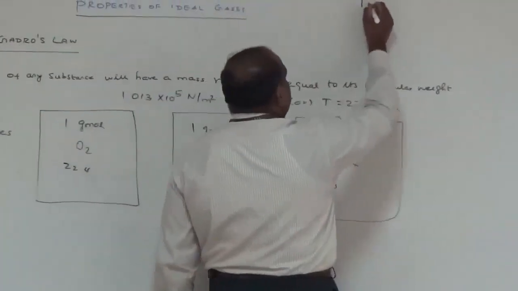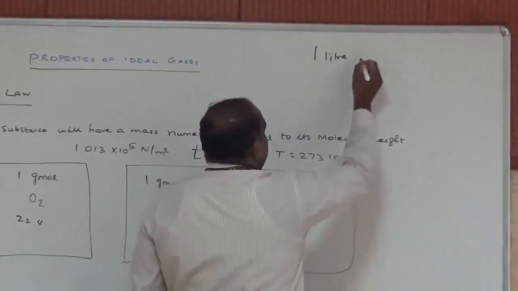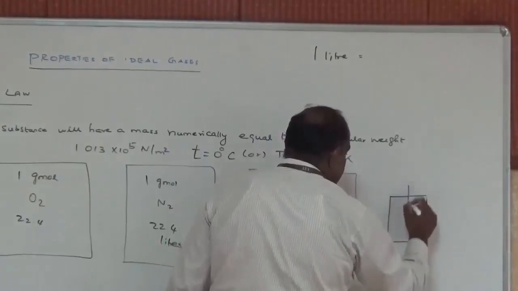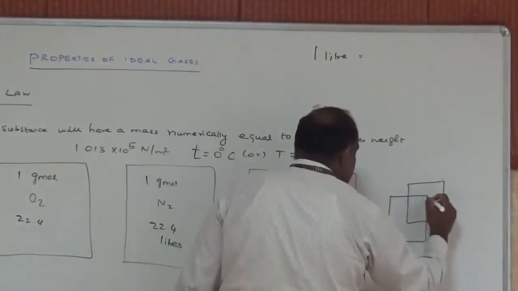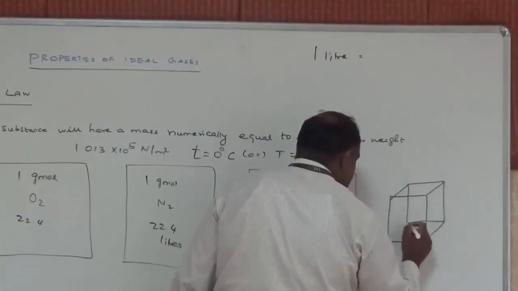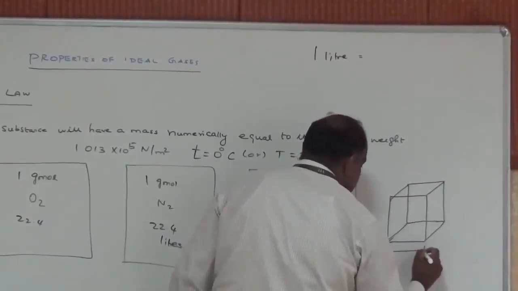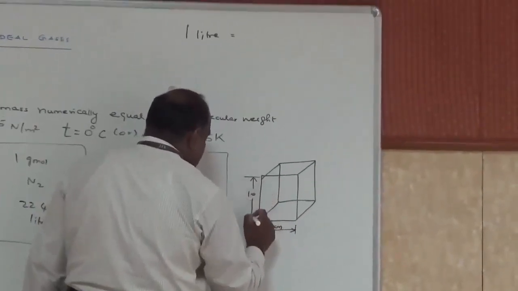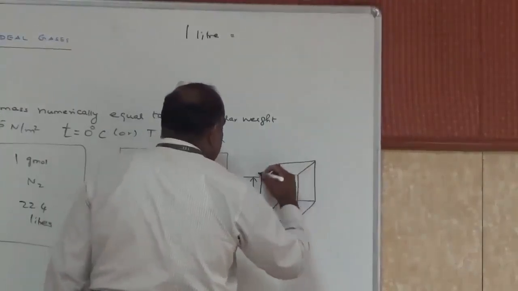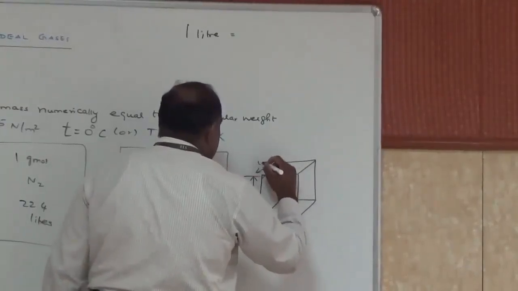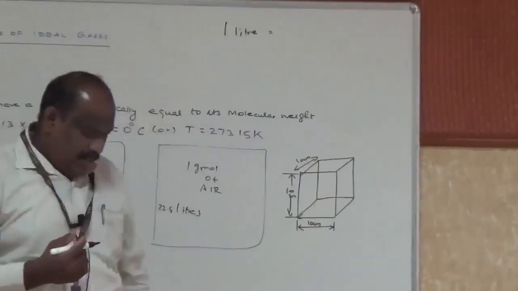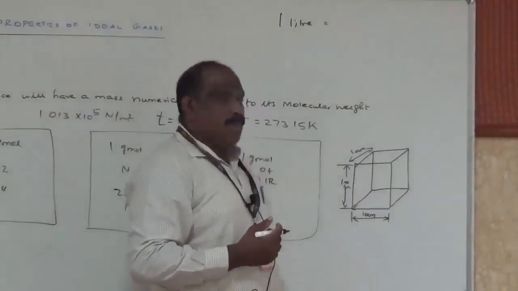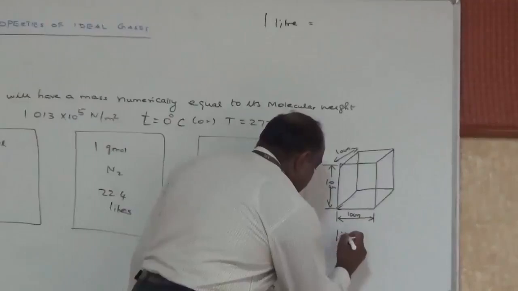So what is 1 liter? If I am going to have a beaker such that this breadth dimension is 10 centimeter, this height is also 10 centimeter, and this width dimension is also 10 centimeter, that is, the thickness perpendicular to the board is also 10 centimeter, then the volume which can be occupied by this particular beaker is called 1 liter.